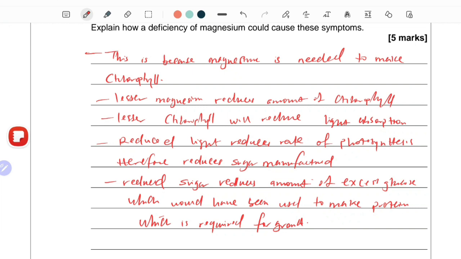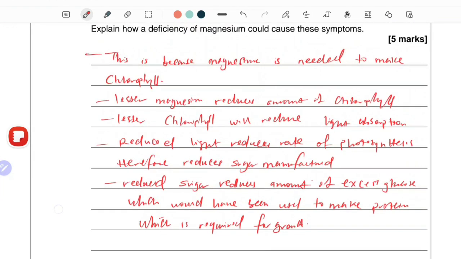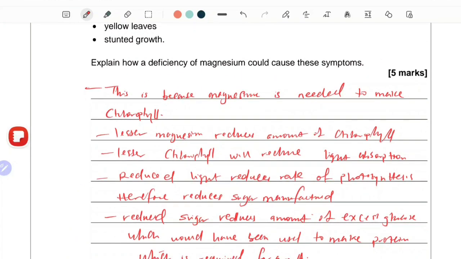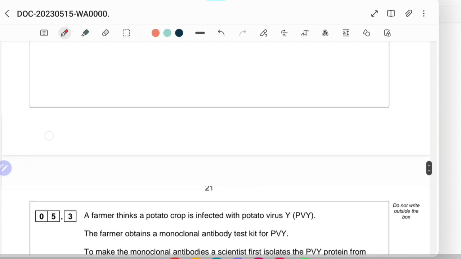If there's not enough sugar, there won't be enough excess glucose to be converted into all of those things. Hope that made sense. That's the reason why it is going to be yellow leaves and stunted growth. Yellow because there's no chlorophyll. Stunted because there's not enough protein for it to grow. Can you see the way it links? You can rewrite that part if it's not clear enough.